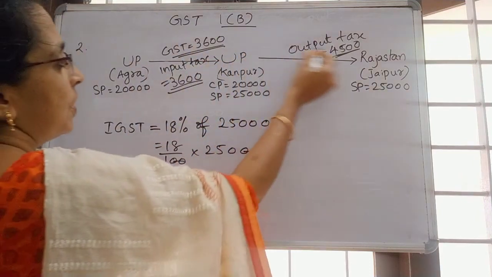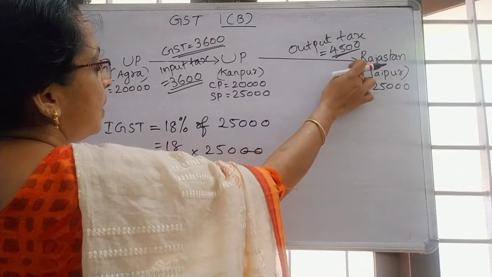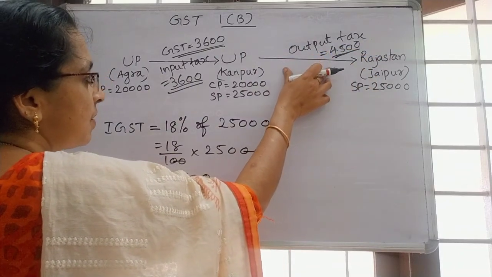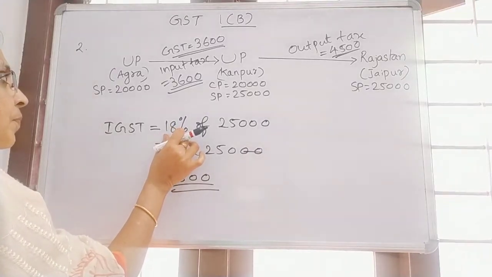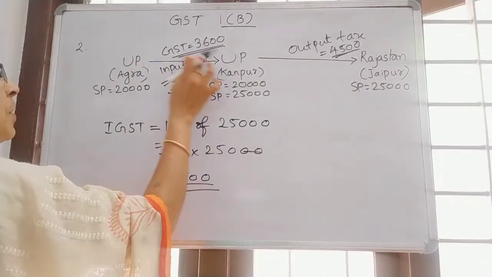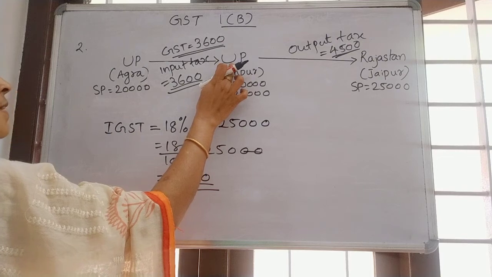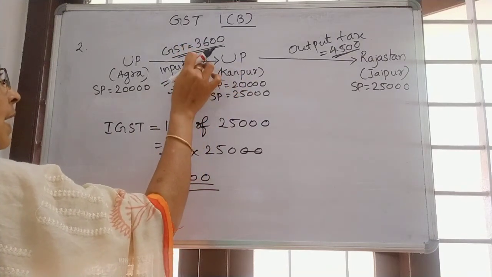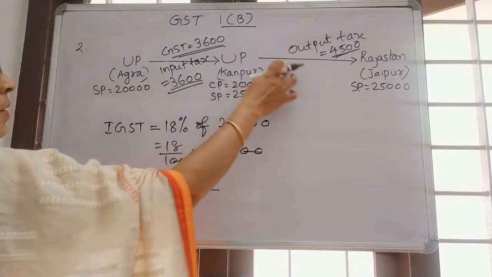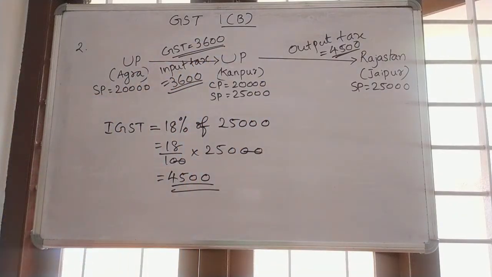Here the transaction is from UP to Rajasthan, an interstate transaction, that's why we are writing 18% itself. In the UP to UP case, it is an intrastate transaction, so it is 9%. IGST we got as 4,500.